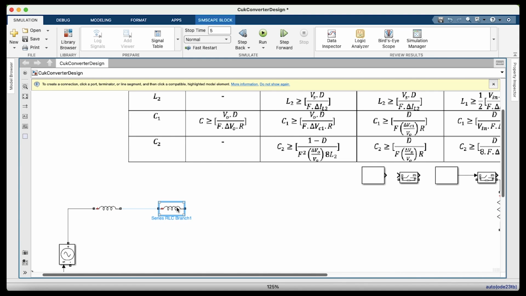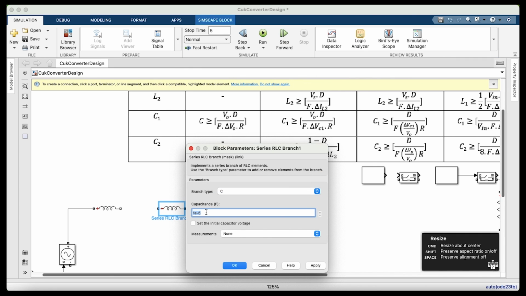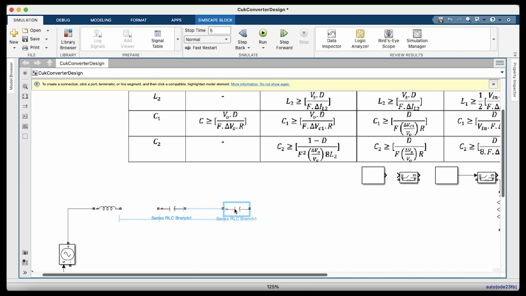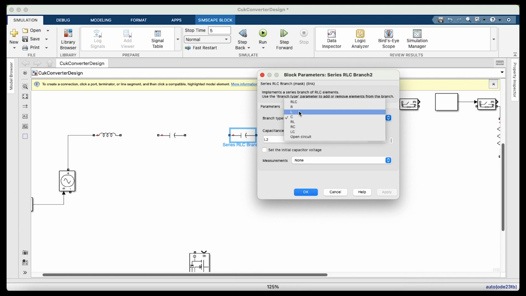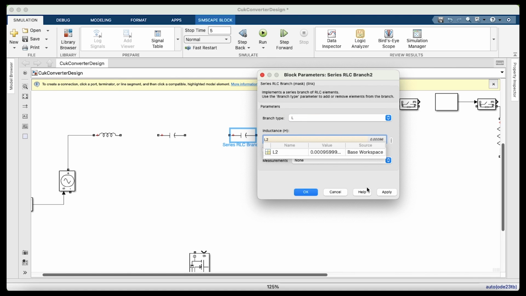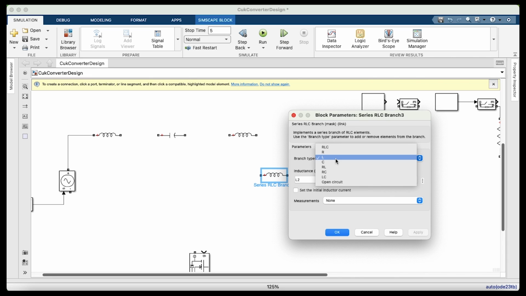Next one is capacitance, so change this one to capacitance and choose the value C1, apply. Similarly all four components are selected. Choose the component L, and apply L2. Then apply OK. Next component is a capacitance. Choose C and C2. Apply OK.